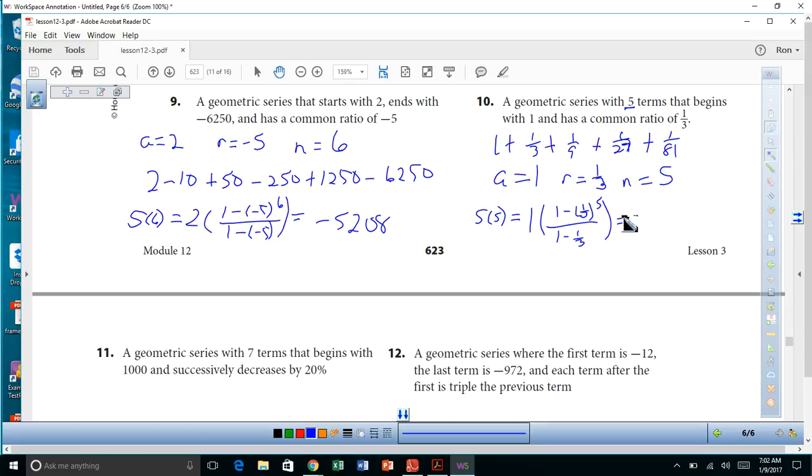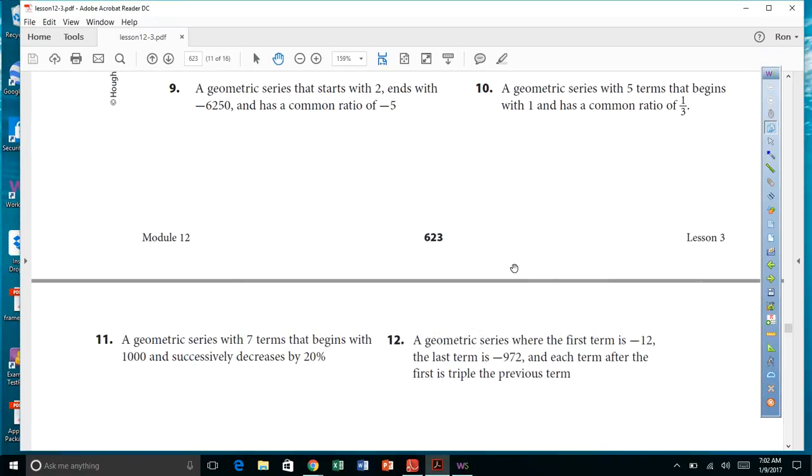And if you put that in the calculator, you're going to get 121 over 81, which is approximately 1.49. That doesn't look real good, except 1/3. Can you see that better? Well, I'll tell you what, 1/3. That looks better. All right. There we go. So that's 10.